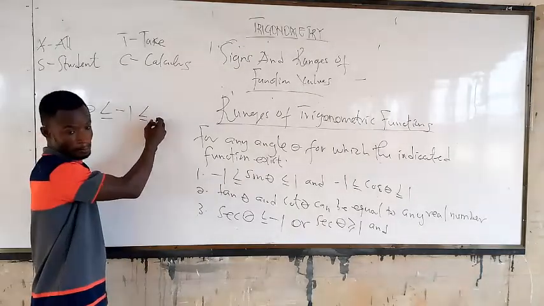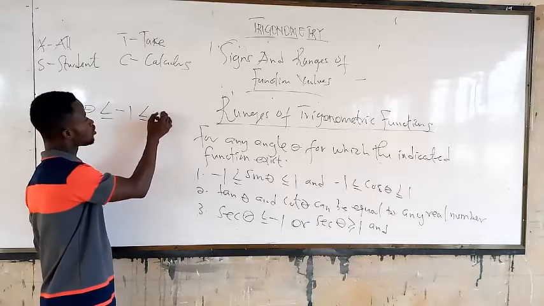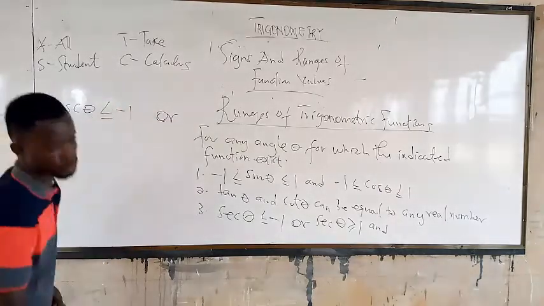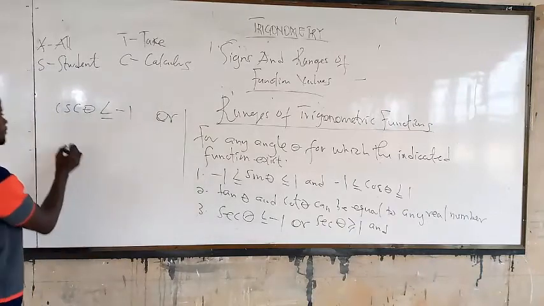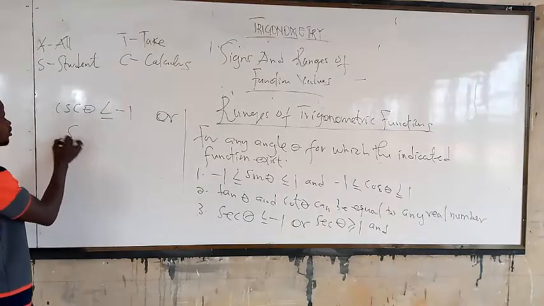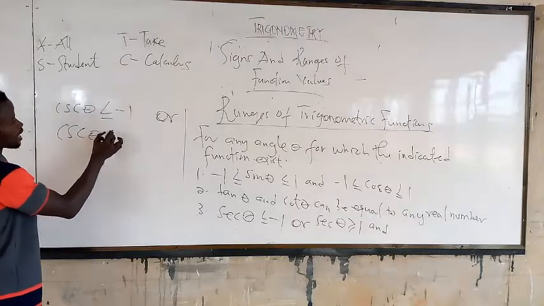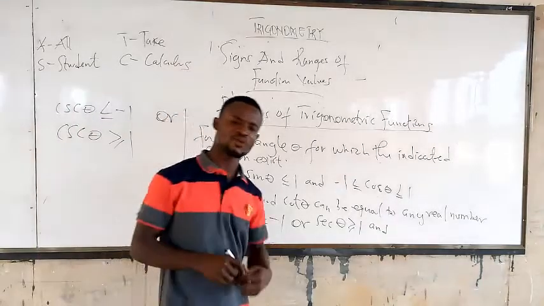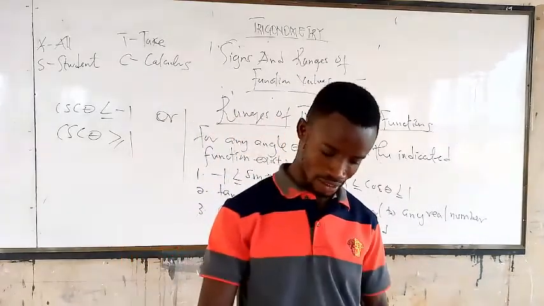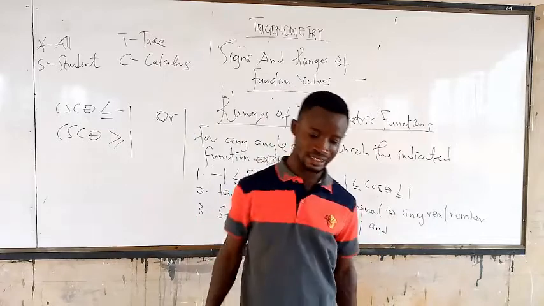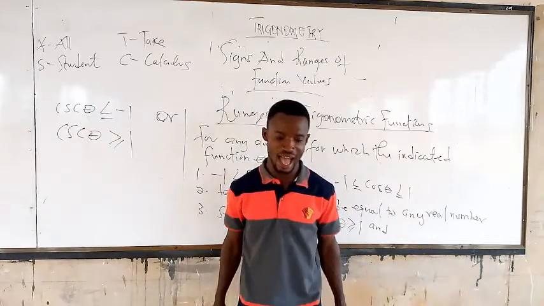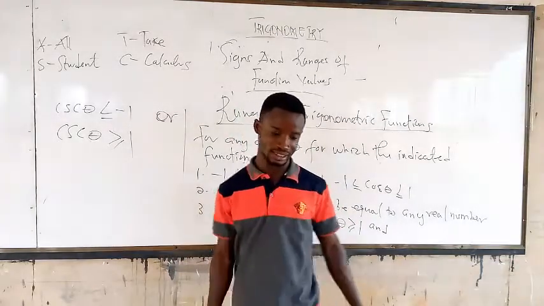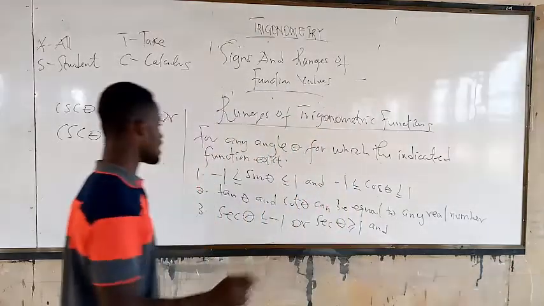or cosec theta is greater than or equal to 1. That is the range for that. Now take note that sec theta and cosec theta are never between -1 and 1.